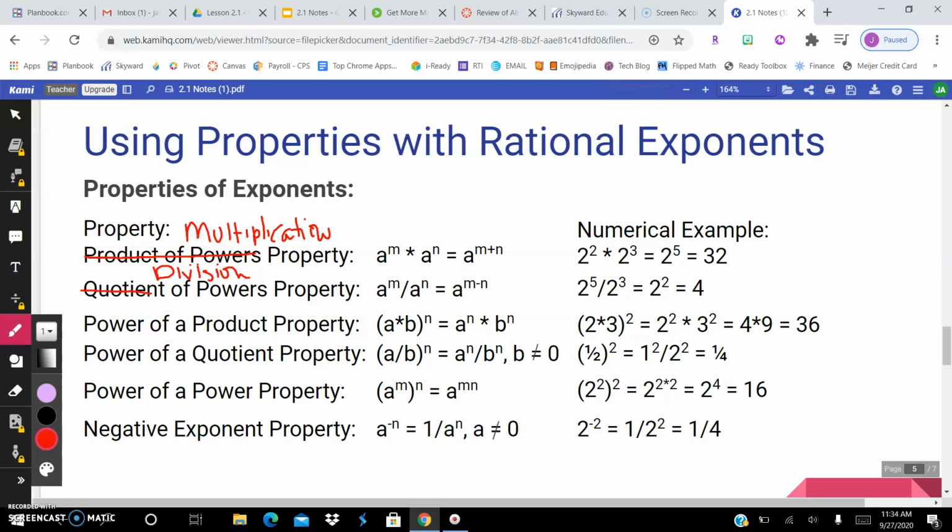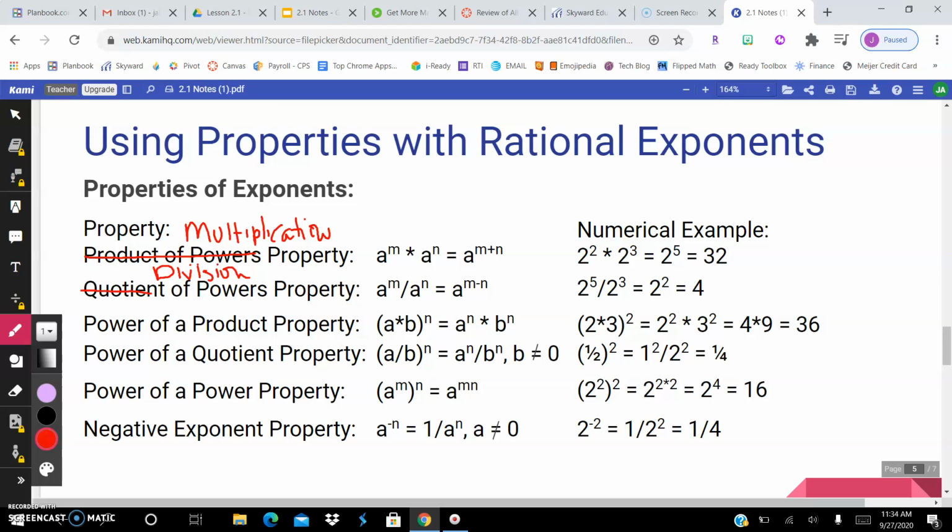When I have two numbers being multiplied together inside of a parenthesis and then raised to a power, I can separate those. I can distribute that exponent to both numbers inside of the parenthesis or both variables, whatever you have. So a is to the nth power and b is to the nth power, and then we can multiply them.